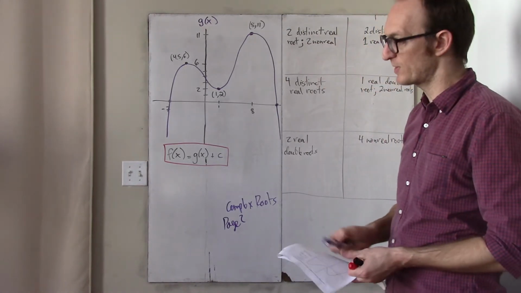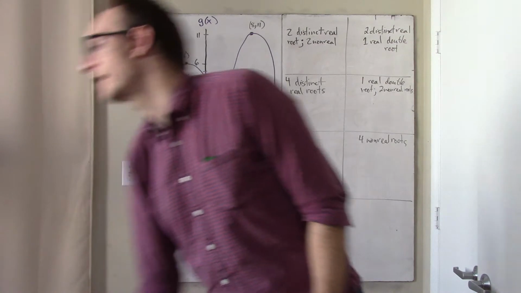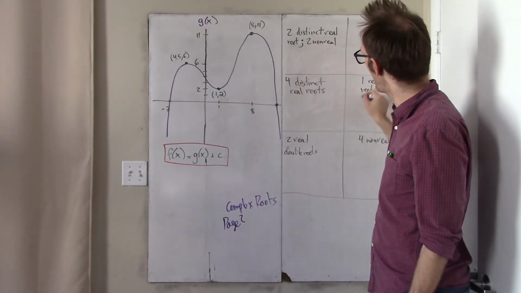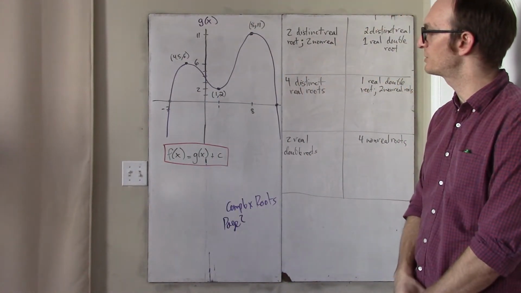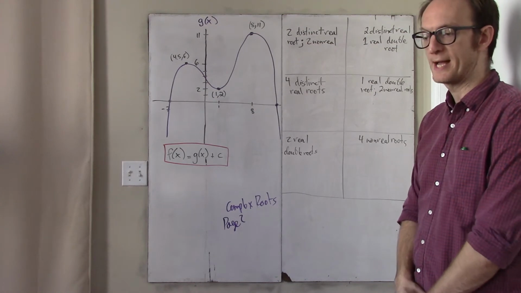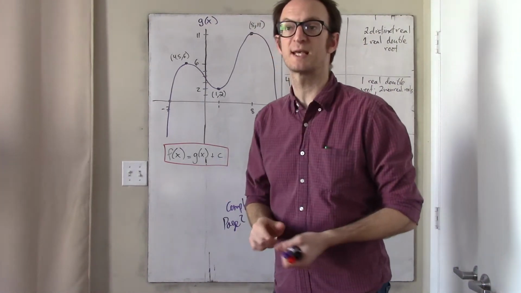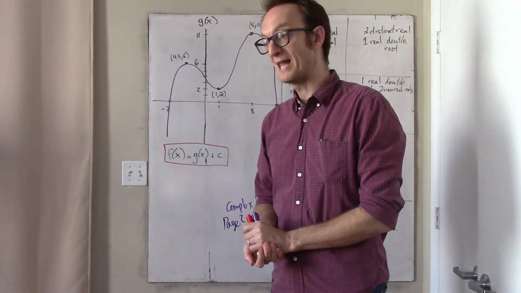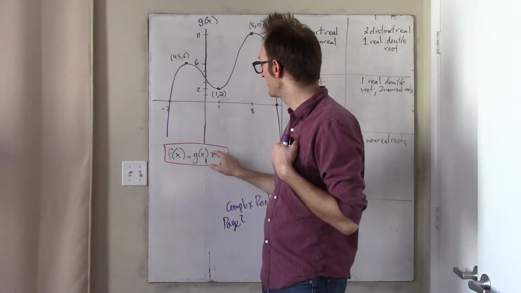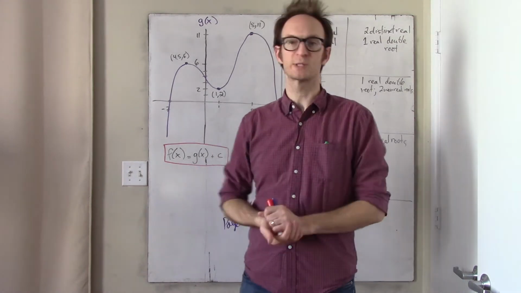I think the best way to do this is not to visit these categories one at a time, but instead to go in chronological order through all the different things that c could be. So let c be -1,000,000 or something like that.